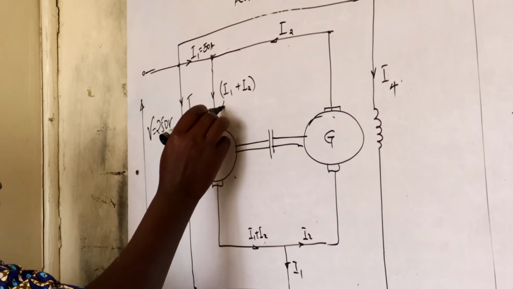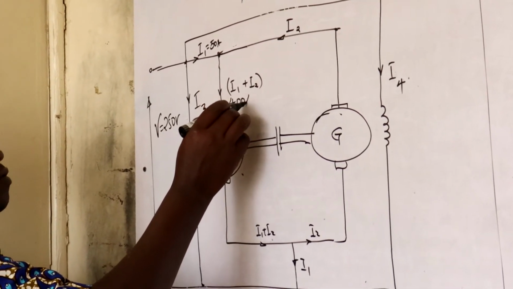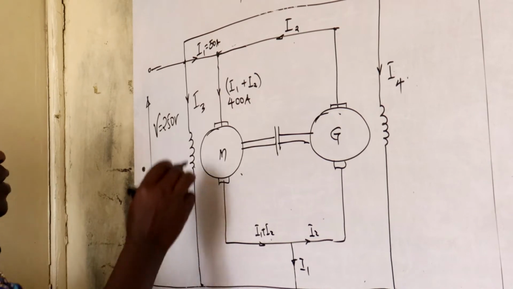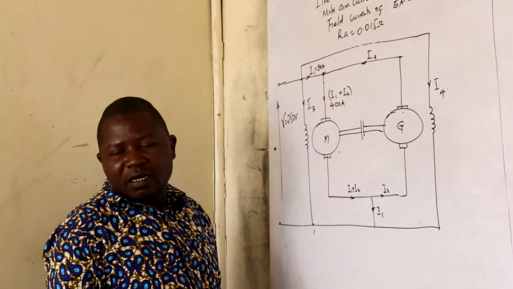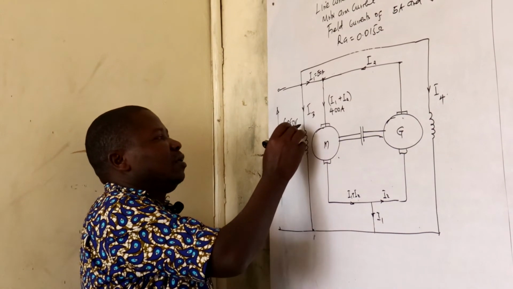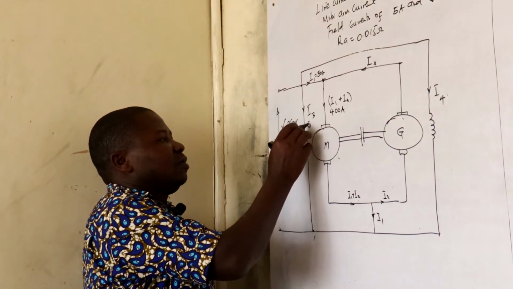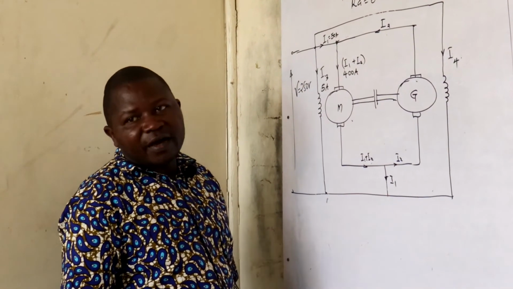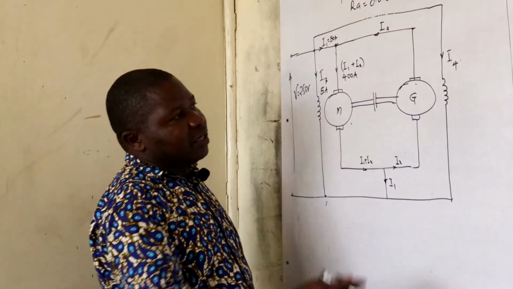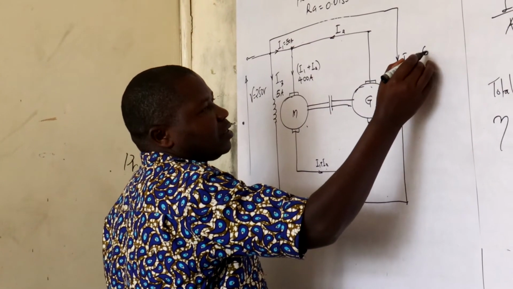Armature motor current 400. Field current to the motor, 5. Remember we said the one with the higher field is the generator. So the generator will be the 6.